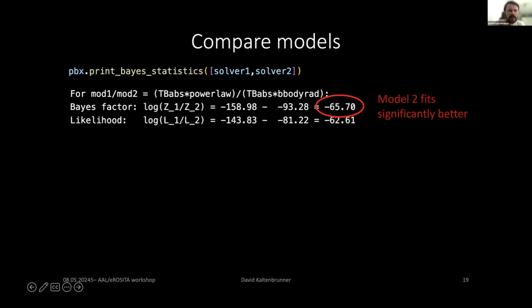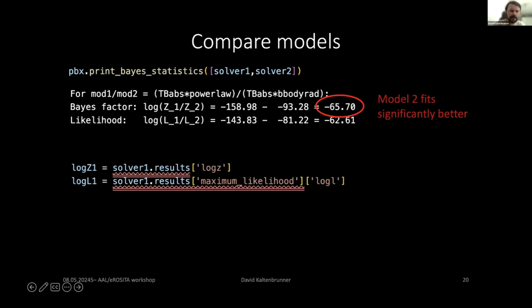This comparison of the likelihoods is interesting in the case of having minor adjustments in the model. For example, having a small Gaussian absorption or emission line added to an existing model, but not in this case where we're comparing very different models. So here the Bayes factor is the important thing.